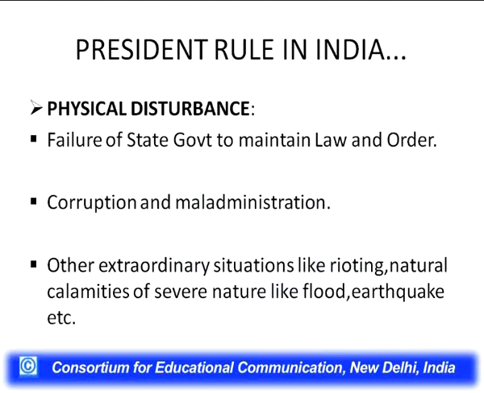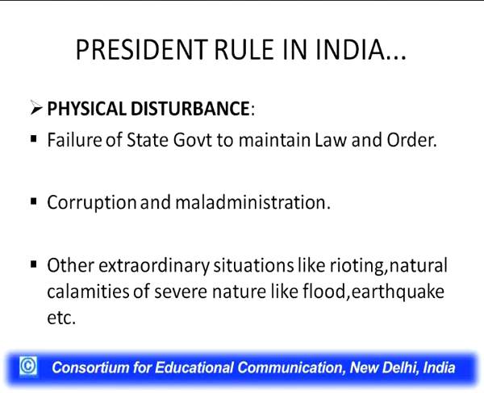So, after discussing the constitutional disturbance and the political disturbance, now I am coming to the physical disturbance, as to what may come under the purview of physical disturbance which may provide justification for the imposition of President's Rule. One of the physical disturbances construed as a ground for imposition of President's Rule in India is the failure of the state government to maintain law and order.